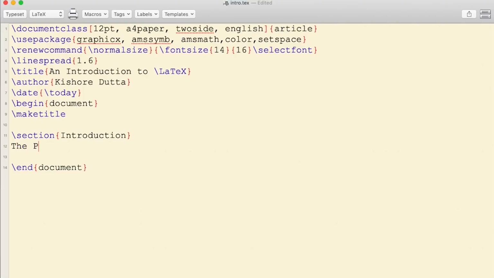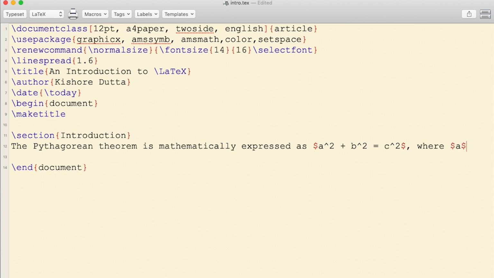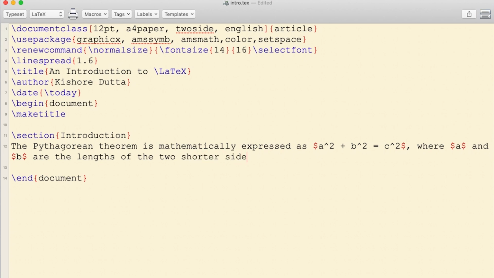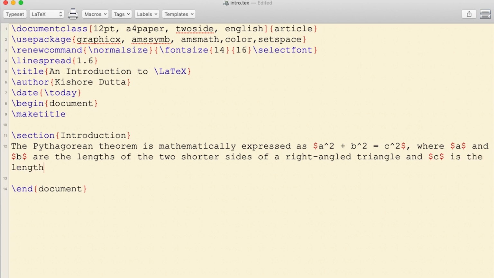Let me write a mathematical description here. The Pythagorean theorem is mathematically expressed as a square plus b square equal to c square, where a and b are the lengths of the two shorter sides of a right angled triangle and c is the length of the hypotenuse.